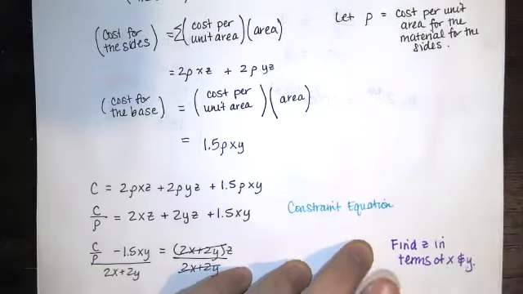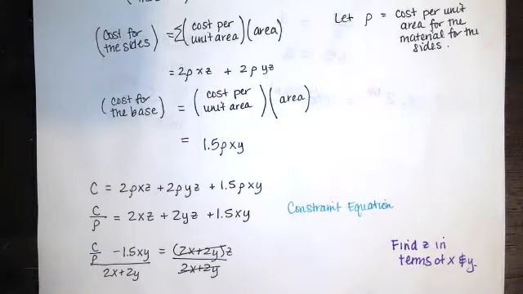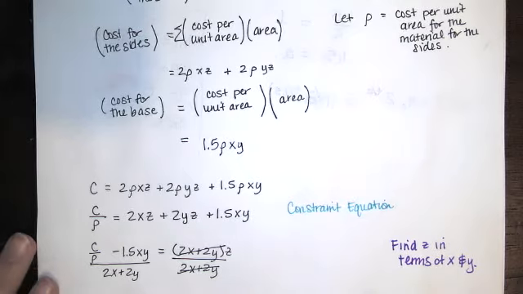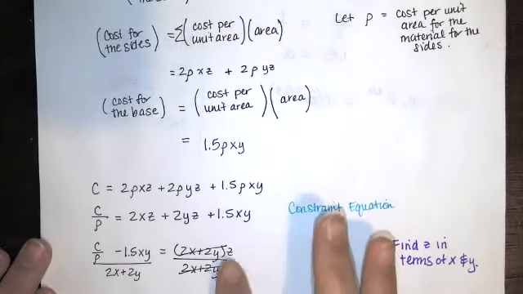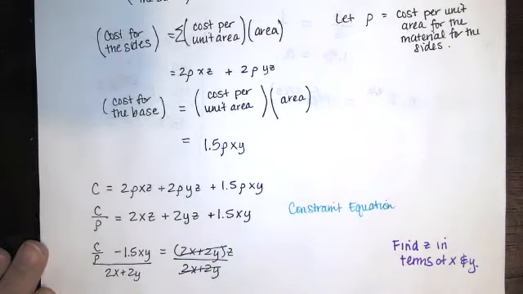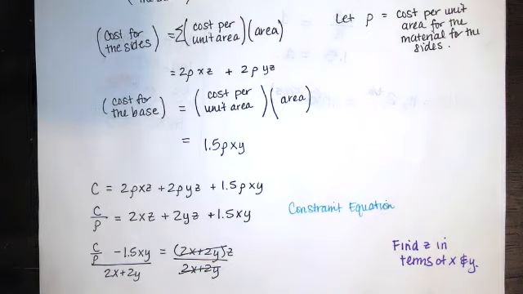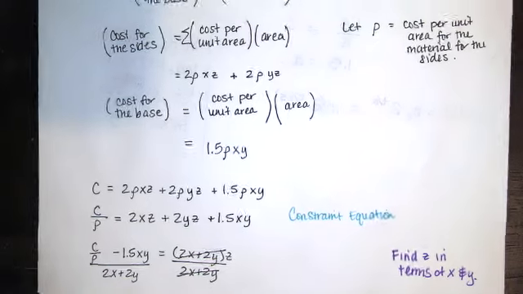And remember, the reason we're doing that is because we want the volume in terms of two variables only. Next, we're just going to substitute this for z in the volume equation, and then the volume will be written in terms of two variables only.